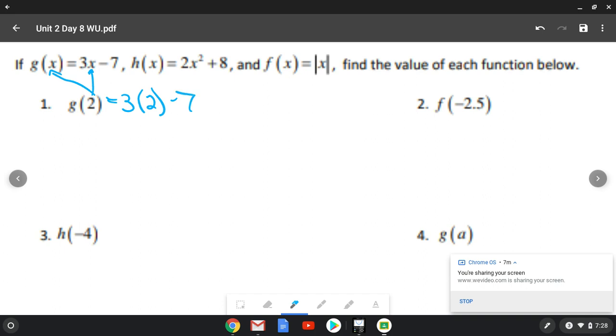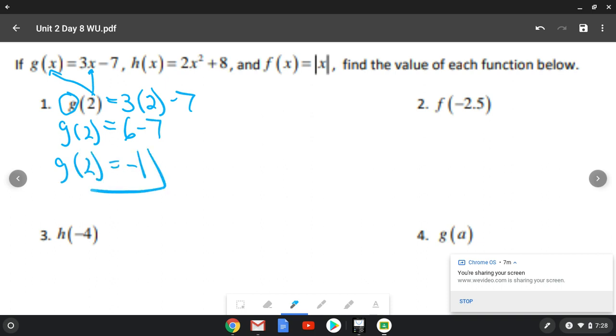I ignore the h of x and f of x equations, because this started with a g, so I'm only going to use the g function here. So that would be 3 times 2 is 6. 6 minus 7 is -1, and that's our final answer. It's in function notation. It tells you what number you plugged in, which was 2, and what number we got out in the final answer, which was -1.